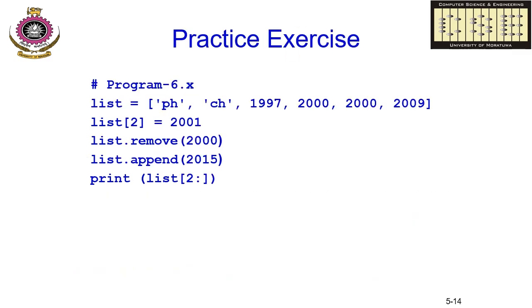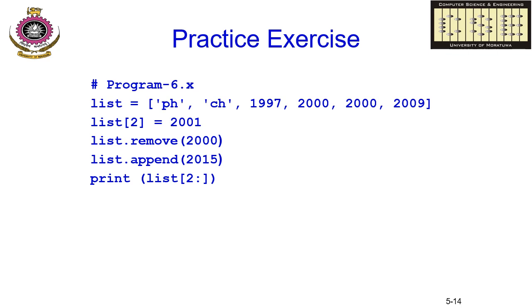So here's a practice exercise where you can practice the operations that we learned on lists. There's a sample list having 6 items. First there's an update operation. The index 2 value will be updated when this update operation is performed. And then there's a remove function call.